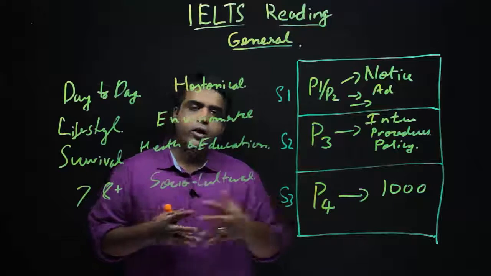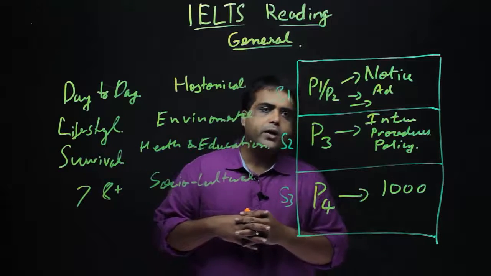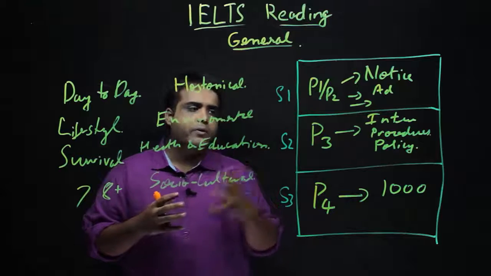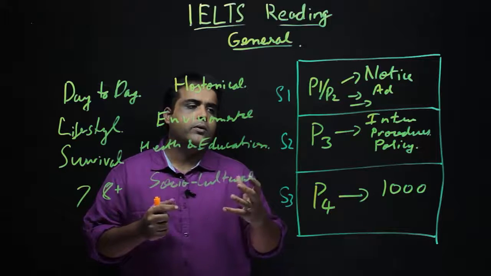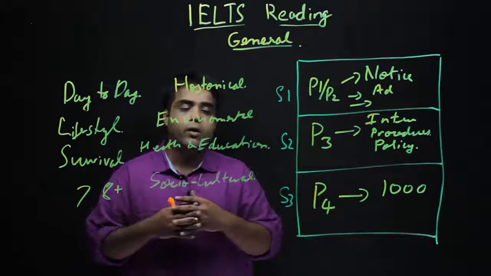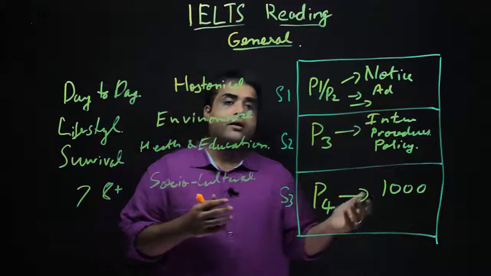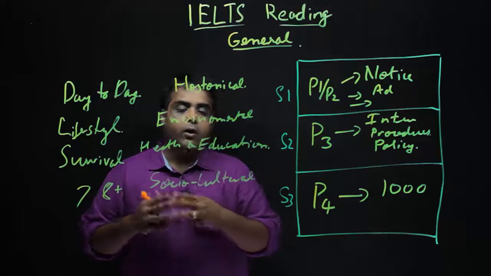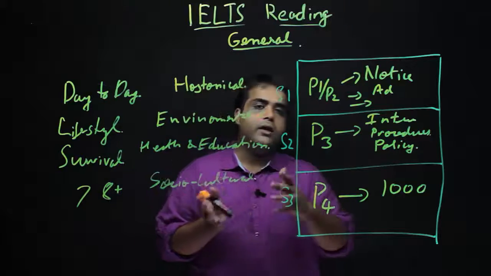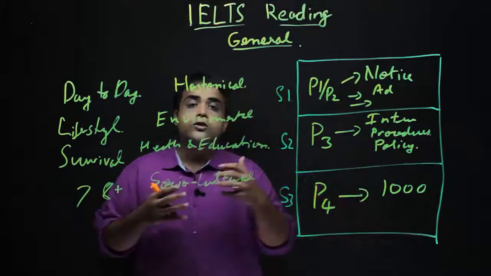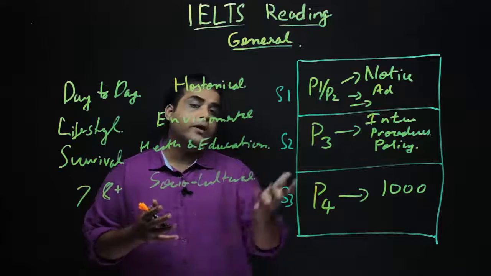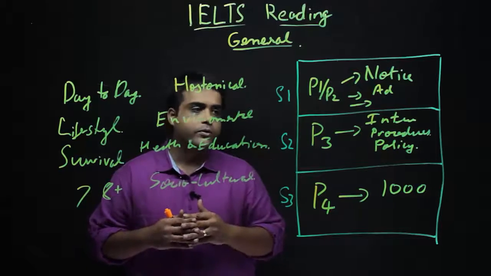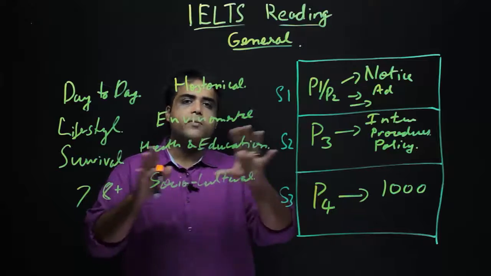And lastly, the socio-cultural perspective. There might be observations made about changing social trends, probably how libraries are vanishing and how most of the reading these days happens through mobile phones, or how overexposure to a certain kind of technology is changing human behavior. Those kinds of studies might feature here in this journal. Now, this is about the pattern.